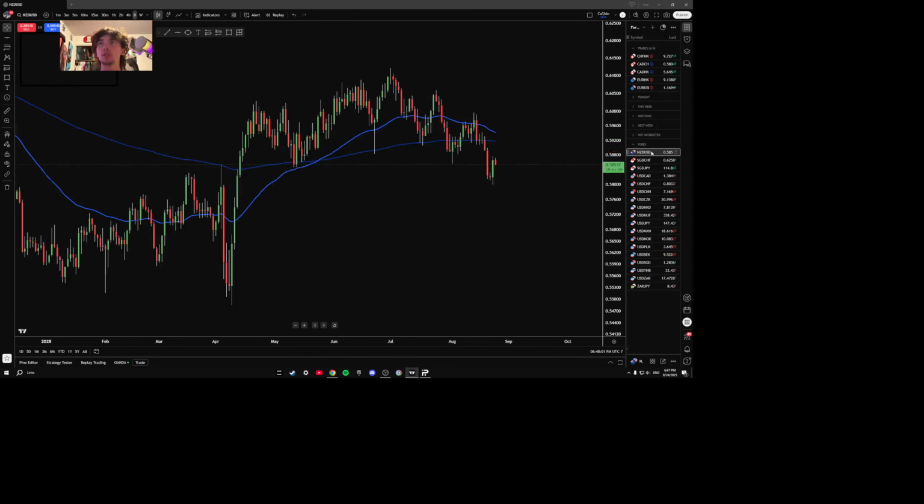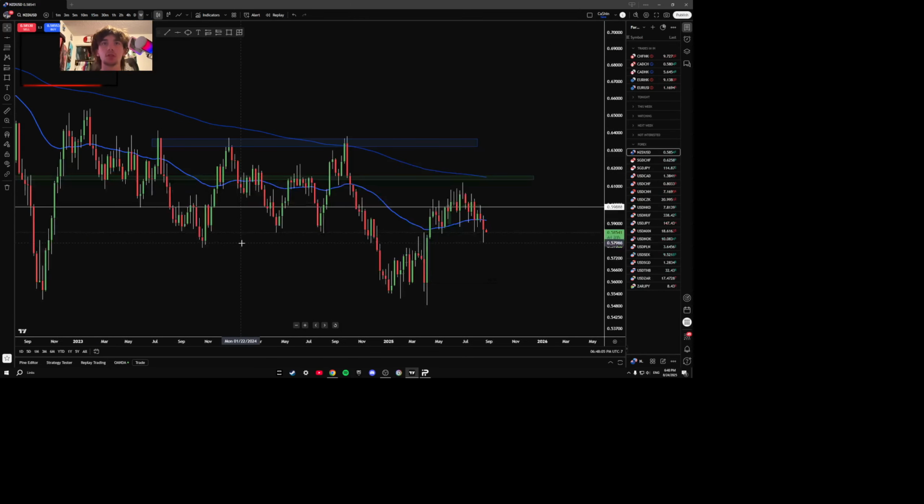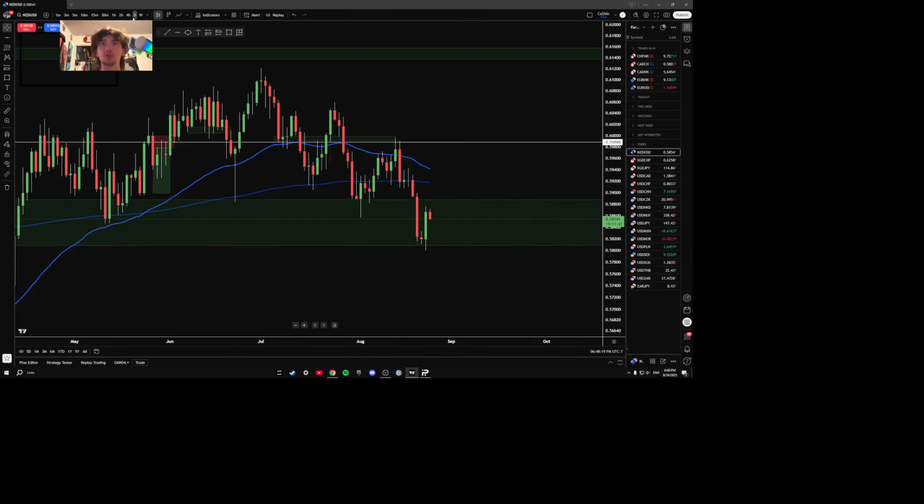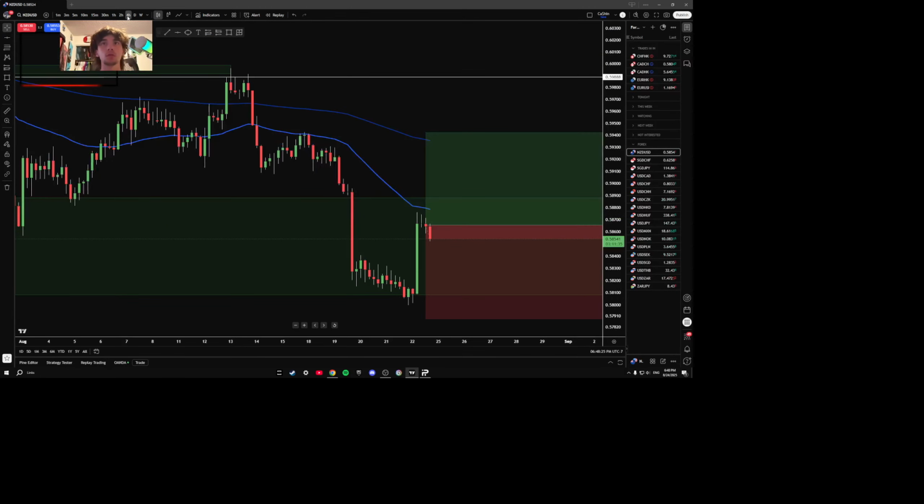CAD HKD, NZD USD. This might be another good swing trade. So on the weekly time frame, already retested once. It's got a lot of wicks, but now it closed into it. Bullish engulfing. 4 hour shifted.